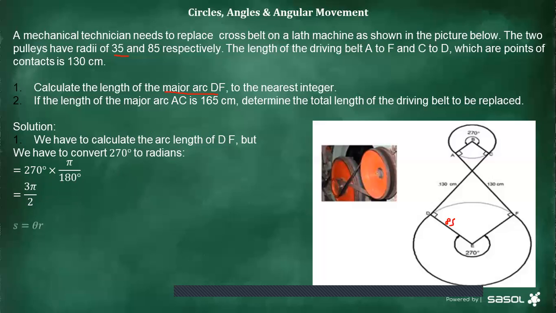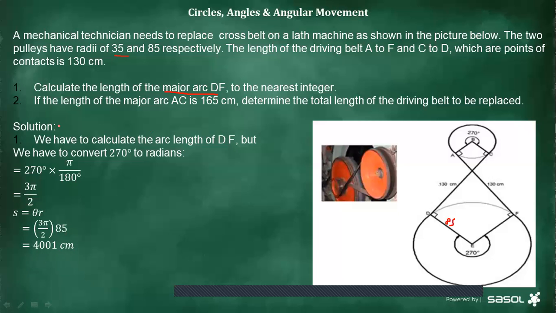From there we write the correct formula to calculate the arc length. Then we substitute the values, because we've agreed that the radius for that bigger pulley is 85, and the answer is going to be 400 centimeter.